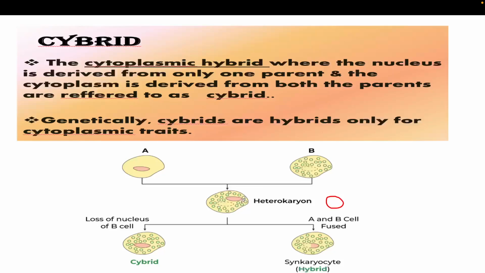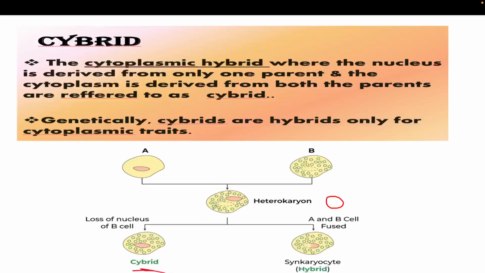One cell should not have the nucleus, and one cell has the nucleus as well as the cytoplasm. When you fuse these two types of cells together, it gives you a cell which has the cytoplasm of both the cells and the nucleus of only one parental cell. That is called the cybrid.